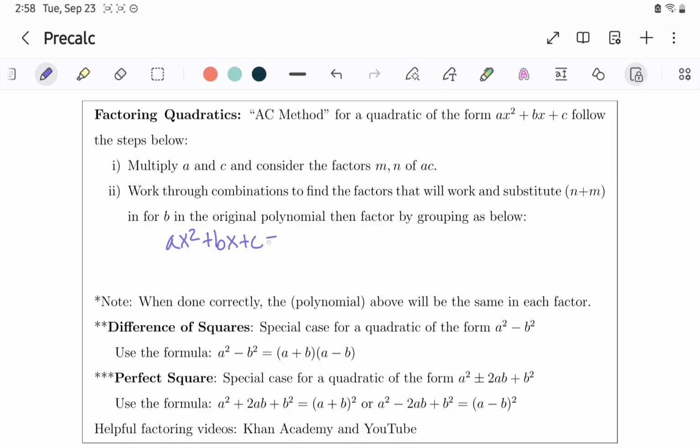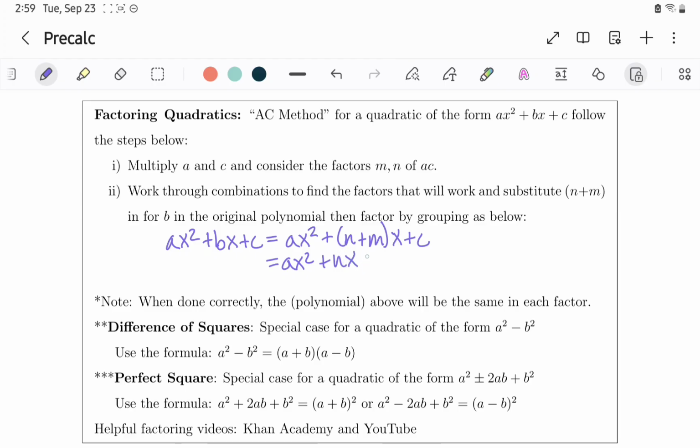And once we find those two factors, n and m, we can decompose the middle term, b times x, and instead write ax squared plus n plus m times x, and then plus c. So this turns our trinomial quadratic expression into a four-term expression.